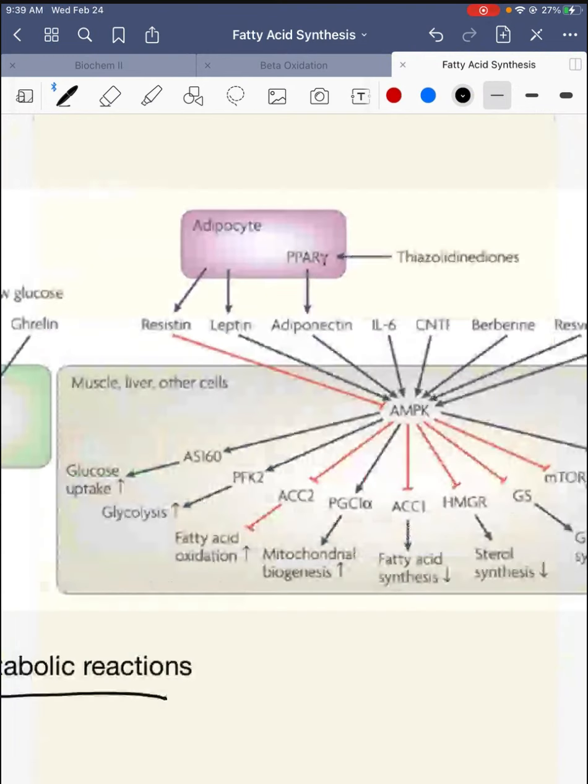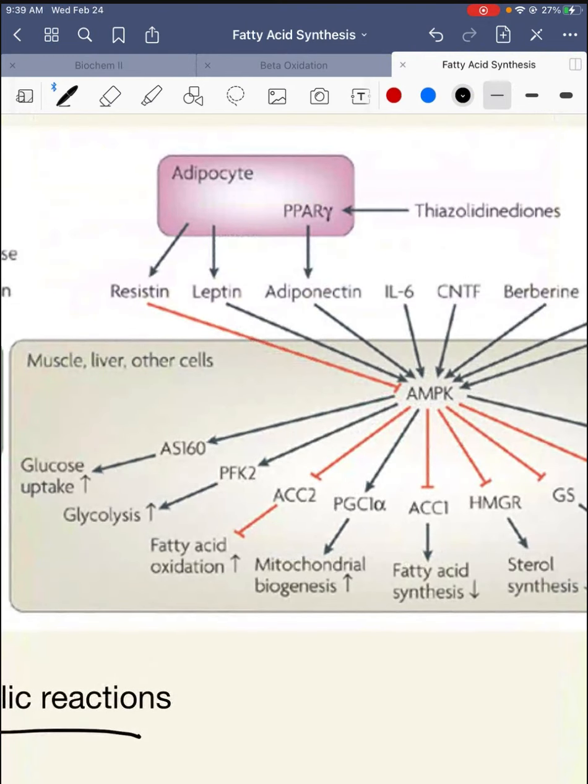So let's look at what it does for a second. So AMPK, so remember we want to promote catabolic reactions. So it activates this, you don't have to know the different stuff that it activates, but it activates this protein which increases glucose uptake. It activates PFK2, which we talked about in glycolysis, and this helps upregulate glycolysis.